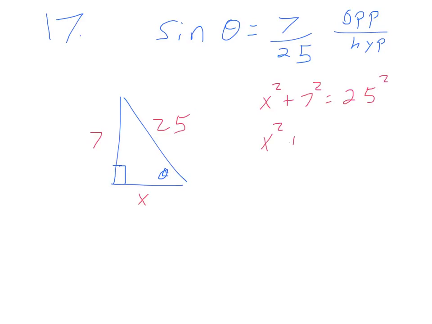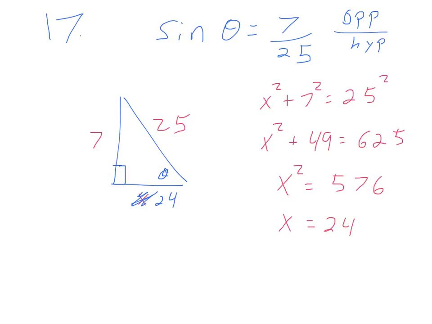So x squared plus 49 equals 625. So x squared equals 576. And the square root of 576 is 24. So that's now 24.